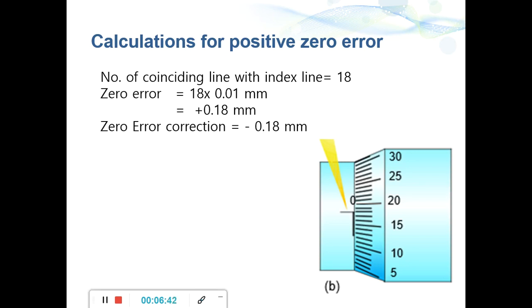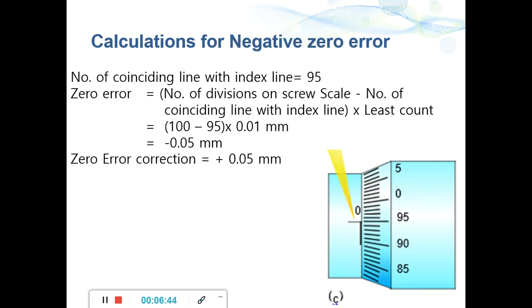Now calculation for negative zero error, number of coinciding line with index line. Here we can see in this picture it is 95. So the formula for negative zero error is number of divisions on screw scale minus number of coinciding line with index line, multiplied by least count. As we know that number of divisions on screw scale are 100, minus 95 multiplied by 0.01.